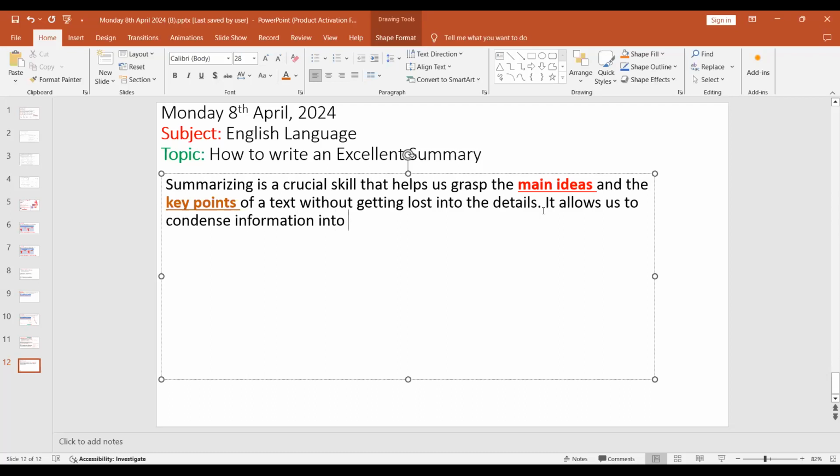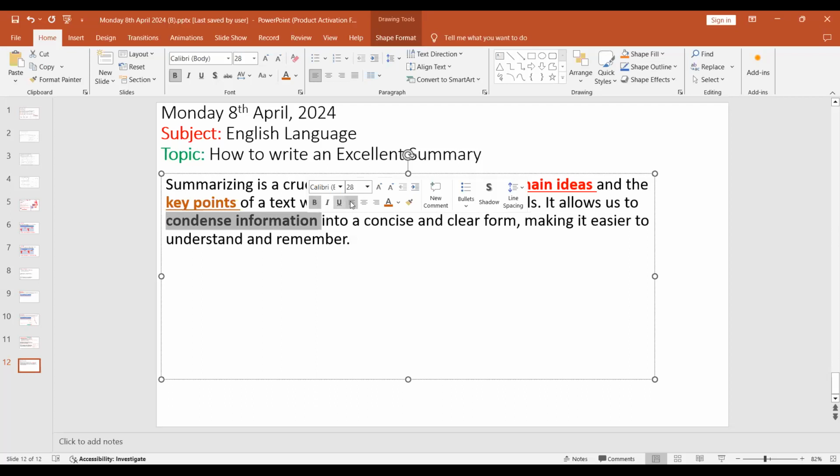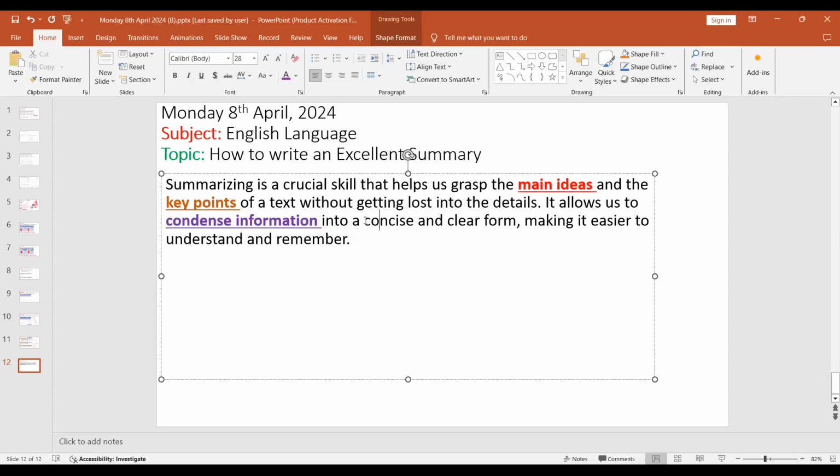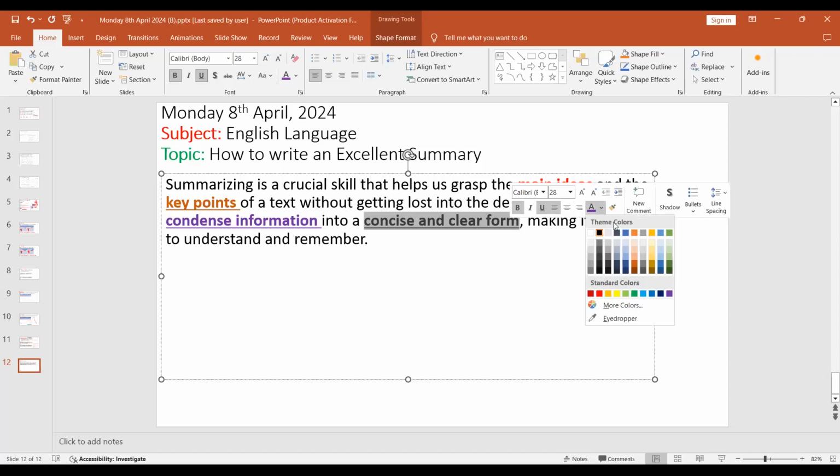To condense information into a concise and clear form, making it easier to understand and remember. So you condense the information. That's very important to remember. So it's a condensing of the information into a concise and clear form. So you still have to make sure that they understand what you're talking about.